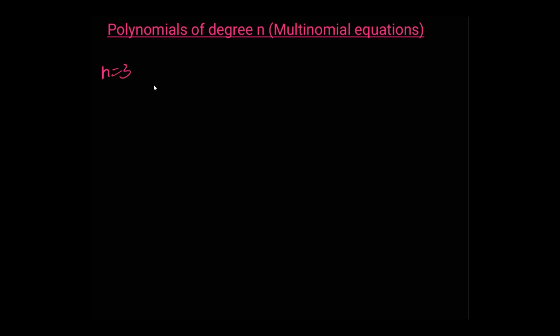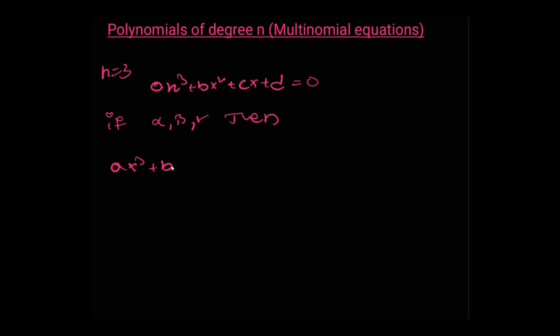Let us take the general equation ax cube plus bx square plus cx plus d equals 0. Now, if this equation has roots alpha, beta, gamma, then ax cube plus bx square plus cx plus d can be written as a times (x minus alpha) into (x minus beta) into (x minus gamma).